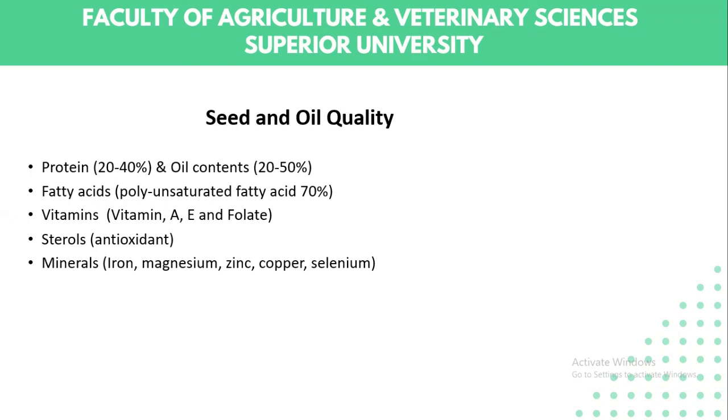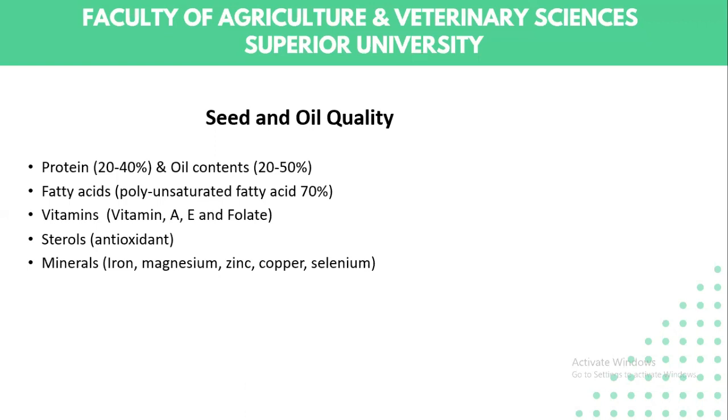They are very good for human health, but they are not good for cooking. Why are they not good for cooking? When you heat that oil during cooking, the polyunsaturated fatty acids will burn away.